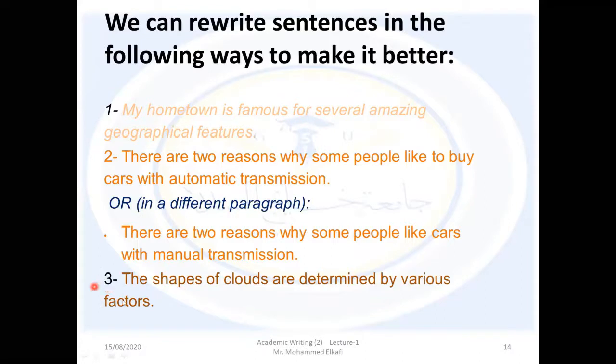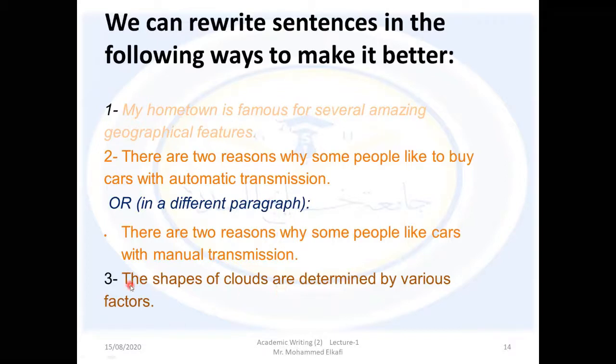The third sentence, the third topic sentence, now we change it into a topic sentence. The shapes of clouds are determined by various factors. So here the topic is clouds, and here he makes it more specific, the shapes of clouds. The previous, incorrect topic sentence said that clouds are white, too general and too boring.